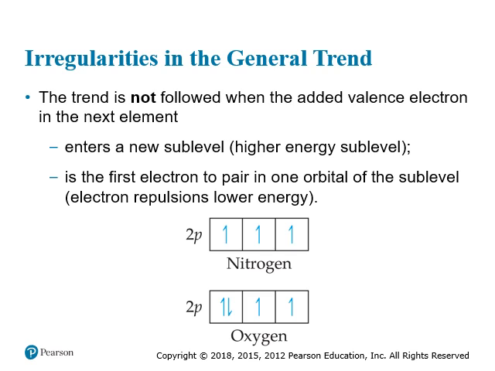So as we go from left to right, we do see a trend in ionization energy. But when you start to take Hund's rule into consideration, when you start to go to a new sublevel, in other words, going from the 2s to the 2p, then we see hiccups along the way.